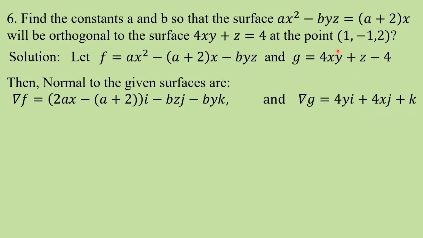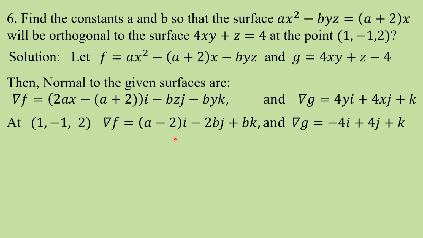Now at the given point (1, -1, 2), substitute x equal to 1, y equal to minus 1, z equal to 2. So we'll get constant vectors: del f is (-a-2) i minus 2b j plus b k, and del g is minus 4i plus 4j plus k, substituting the values of x, y, z.